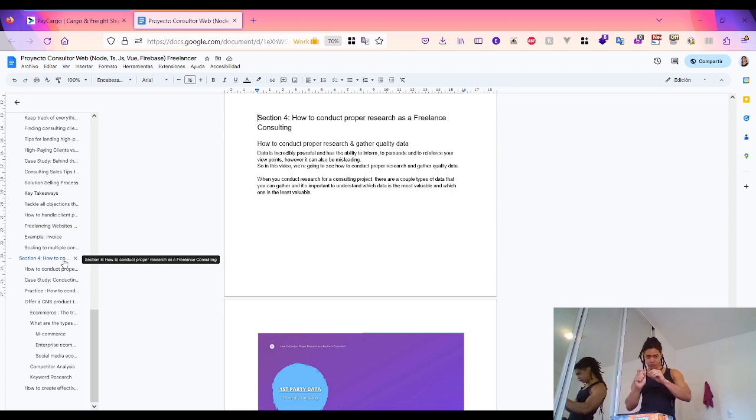Because now you can use all of these keywords in a keyword research planner tool, such as from Google or among others, to get a clear idea of what's going on in that industry.